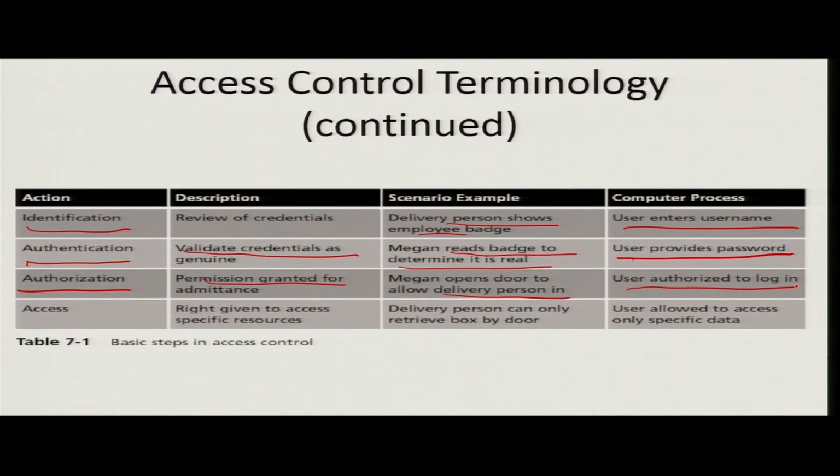In this case, the user is authorized to log in, or authorized to do something else. Access is when you are given access to specific resources, and so in this case the delivery person may only have access to a mailbox, or the user is allowed to have access only to specific files or a specific part of the disk and things like that.